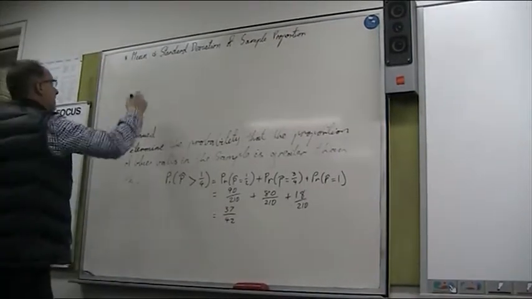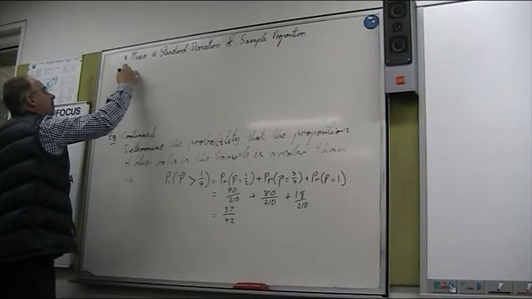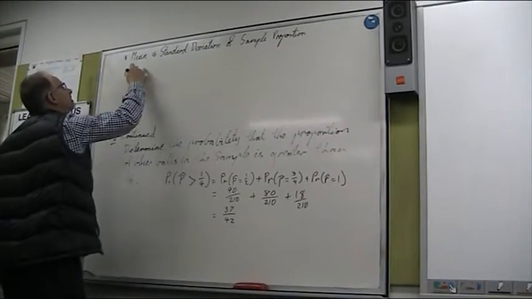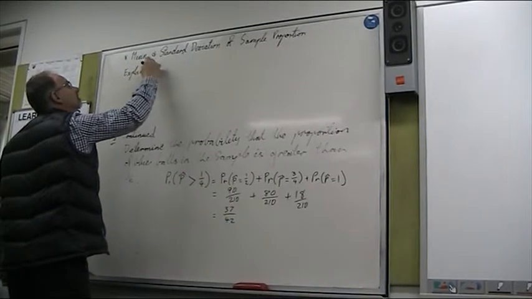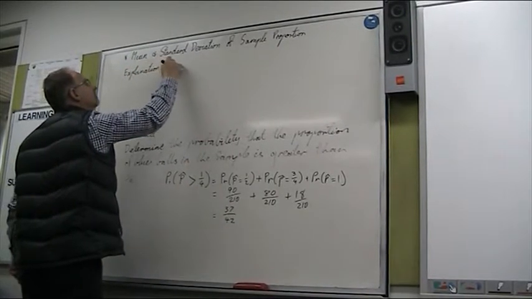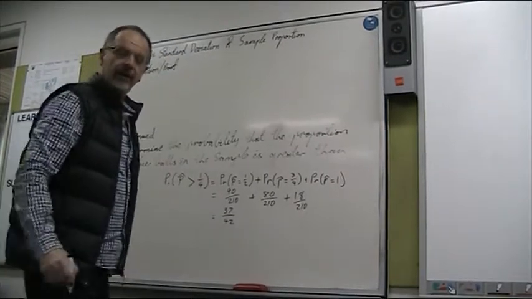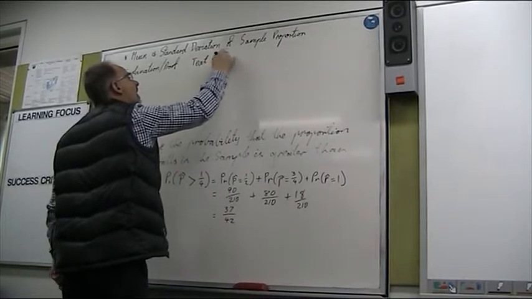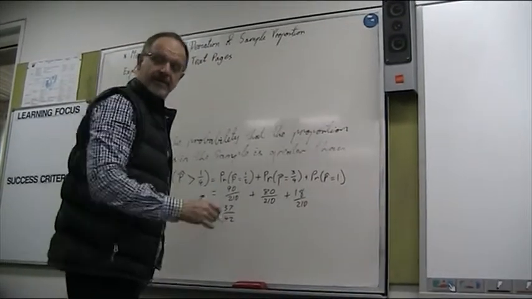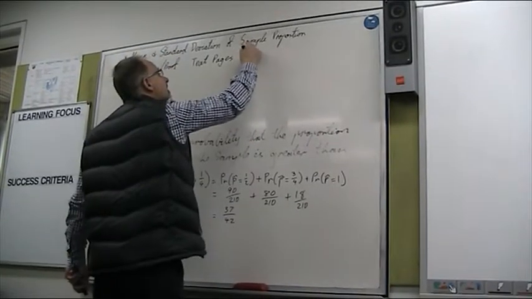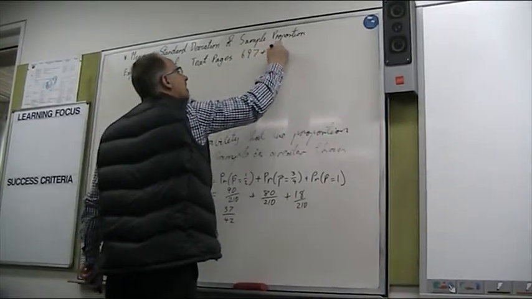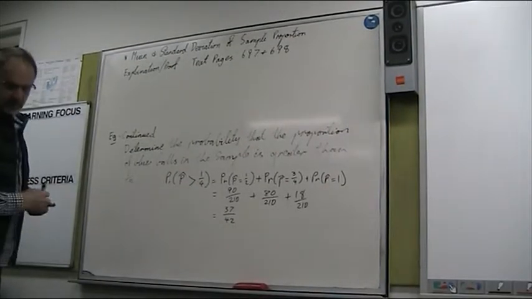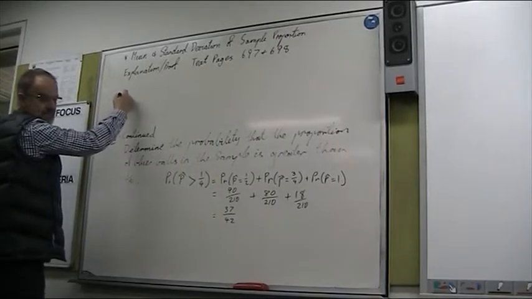All right, so if you want the explanation or the proof, then you can go to your text, pages 697 and 698. But you don't have to reproduce those, just have to use them.